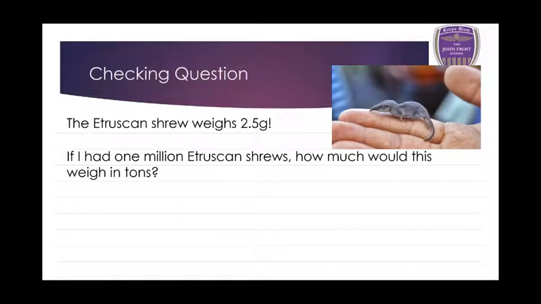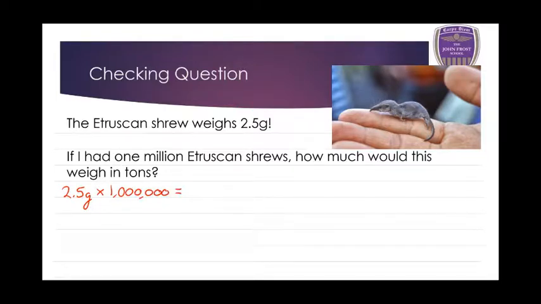Okay, so let's have a look at this question. So we were told the Etruscan shrew weighs 2.5 grams. And I had 1,000,000 of them, okay? And I want to convert this weight to tons. So first of all, let's find out what the weight of the shrews is in total, but in grams first, okay? So if a shrew weighs 2.5 grams, and I've got 1,000,000 of them, I'm going to have to times it by 1,000,000.